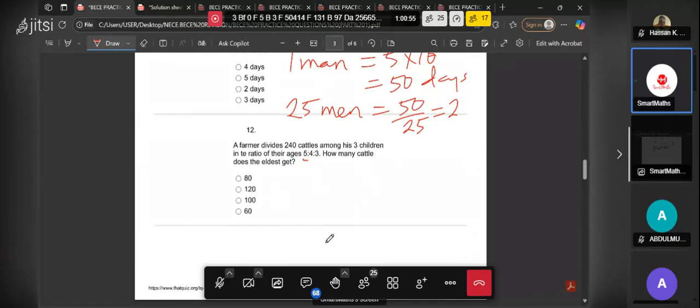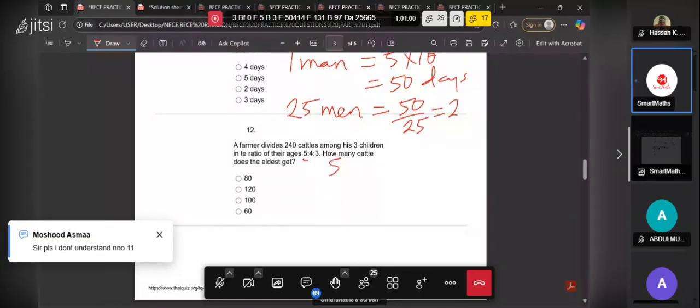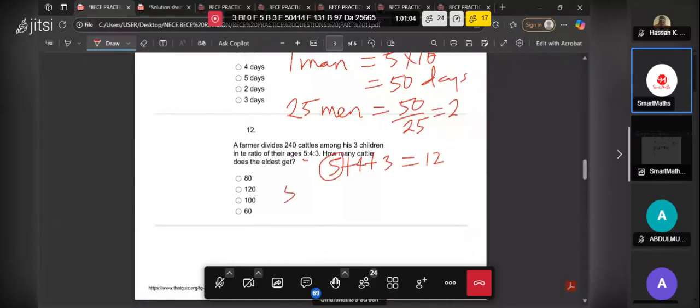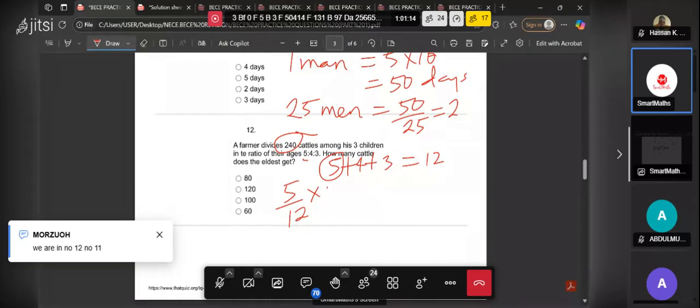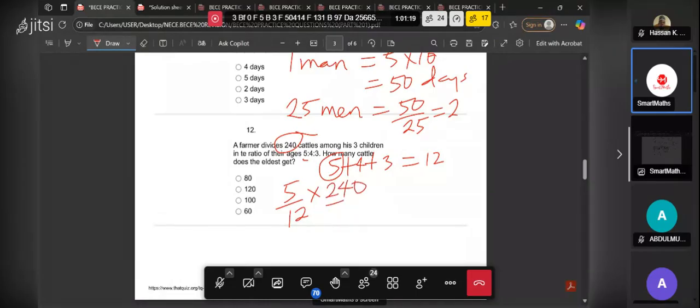So we are going to add 5 plus 4 plus 3, that's going to give us 12. Since 5 is the eldest, that will be 5 out of 12 times the number of cattle they are sharing, which is 240. So we divide this. 240 over 1, 12 here, that is 20. So 5 times 20 gives 100. So the eldest will get 100.